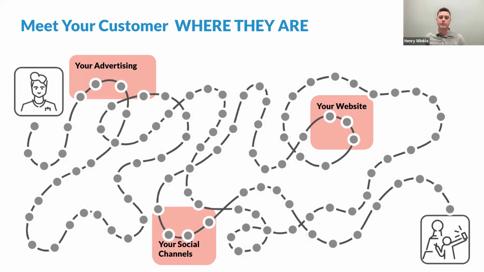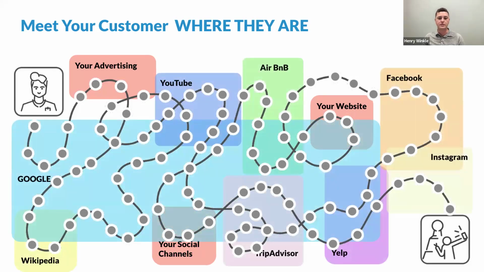They can be found through your advertising, your social channels, your website, and a lot of that takes up pretty minimal amounts of these touch points. They're kind of hard to come across normally. But what ties everything together is going to be most prominently our search engines like Google, TripAdvisor, Yelp, even Facebook, Airbnb, YouTube, and Wikipedia are really powerful items we can use here.